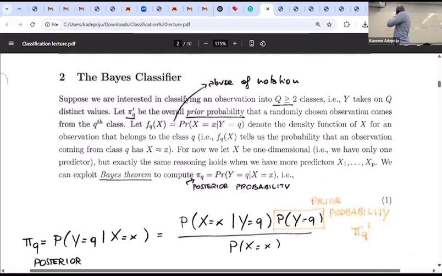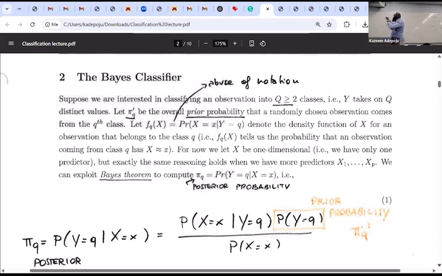In Bayes theorem, we're going to consider prior probability and posterior probability. So what do we mean by prior? What do we mean by posterior?